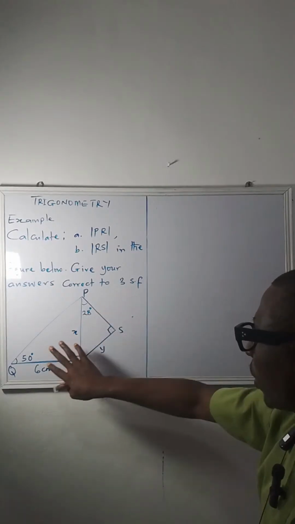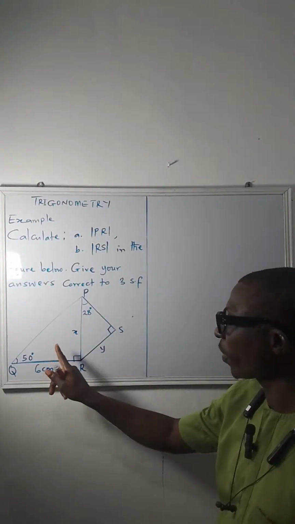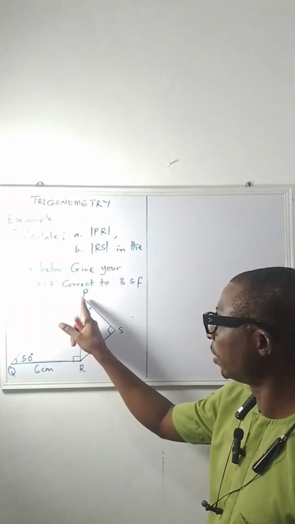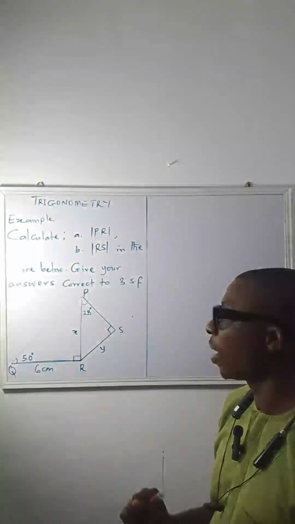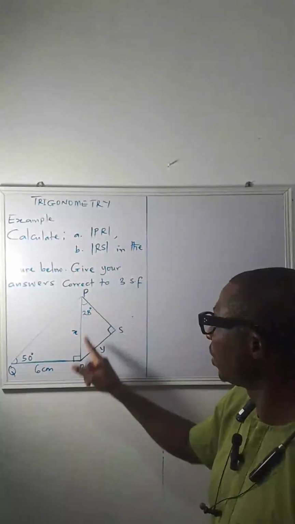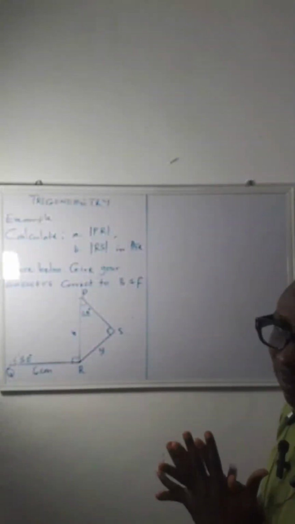Now we have the figure. Here we have triangle PQR, and we also have another triangle PRS.